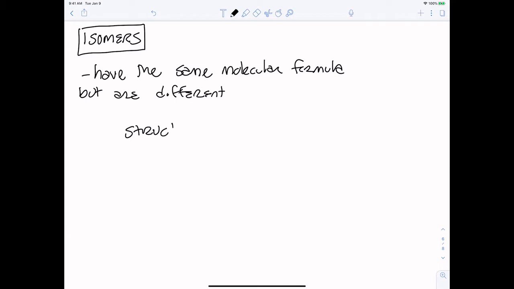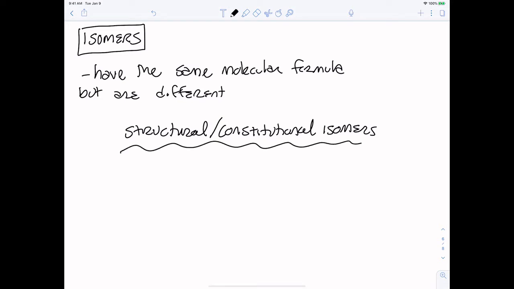So structural, also called constitutional isomers. So that's just one type of isomer. Like I said, we're going to have more than one type of isomer this semester. So structural or constitutional isomers have the same molecular formula because they're isomers, but different structures.